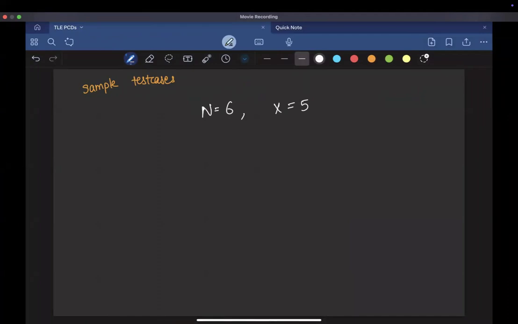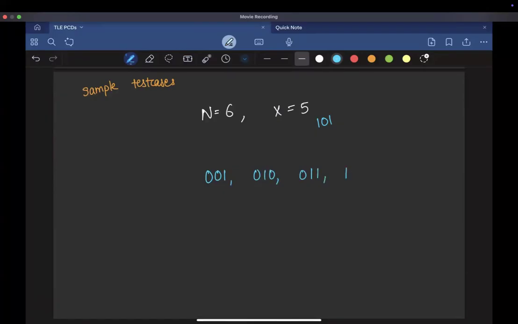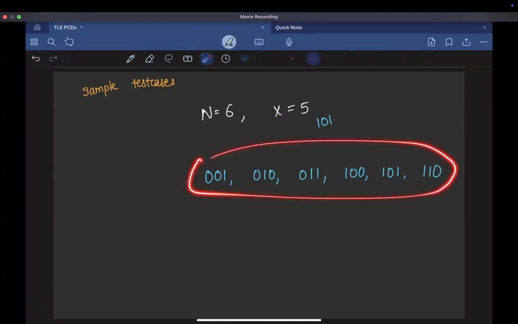Since this is a bitwise problem, always think about such problems in terms of binary representation, representing numbers in terms of bits. So x should be written as 101 and the numbers from 1 to 6 would be written like 001, 010, 011, 100, 101 and 110. These are the 6 numbers you have.